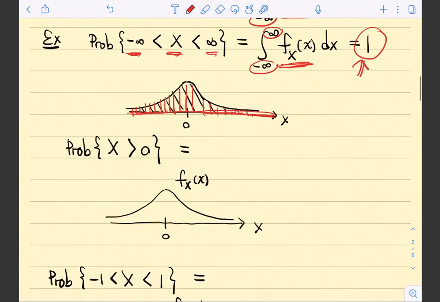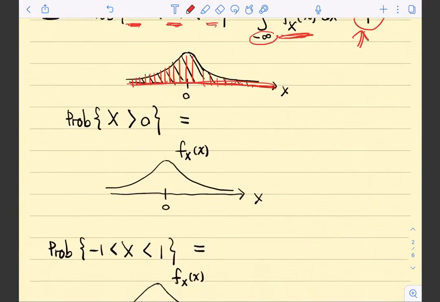What about this? Let me ask you this. What if I want to find the probability that x is bigger than 0? How do you find this? Pongsathorn, what do we do? So we take the whole area, which is 1, minus the area of x less than a.